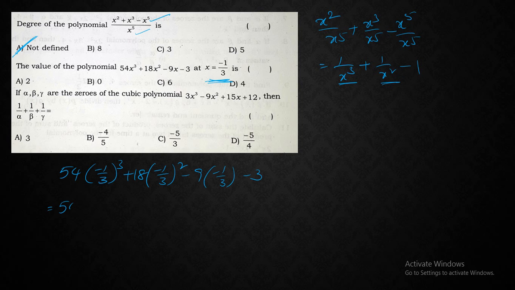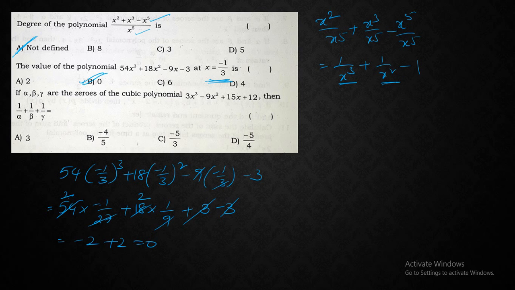So this becomes 54 into minus 1 by 27, plus 18 into 1 by 9, plus 3, and minus 3 minus 3 gets cancelled. So in 9 table, 18 goes 2 times, and in 27 table, 54 goes 2 times. So 2 into minus 1, so minus 2 plus 2. So this is 0. Hence the answer is 0. Right. Next, moving on to one more question.